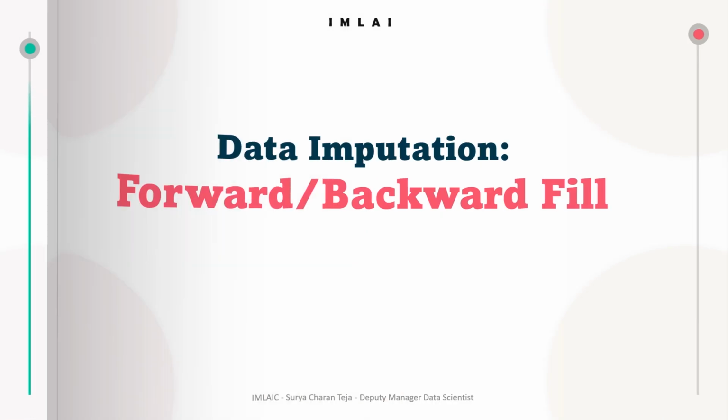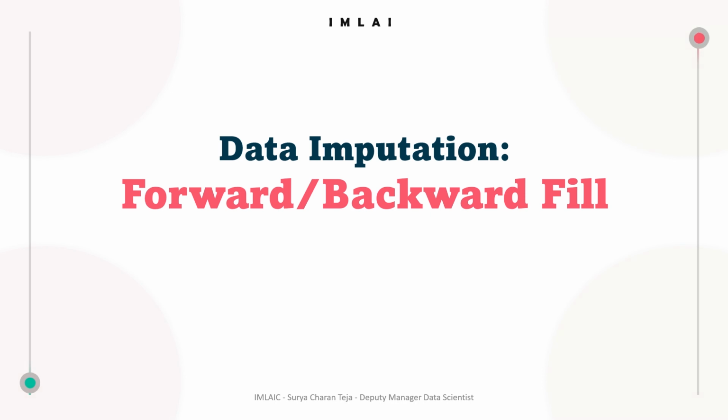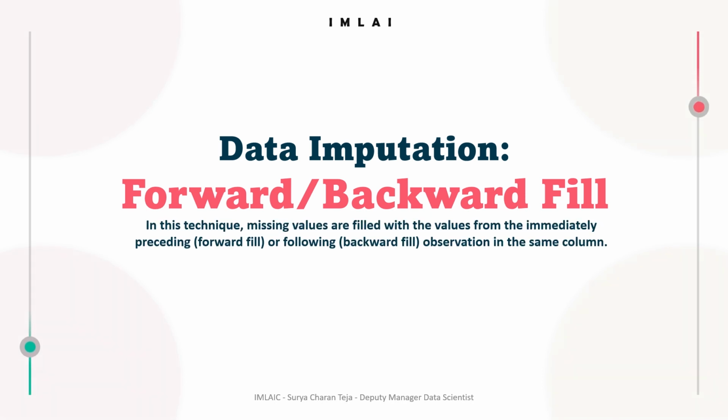Now let's look into the next imputation method, which is forward or backward fill. In this technique, missing values are filled with the values from the immediately preceding observation, that is forward fill, or the following observation, that's backward fill, in the same column.